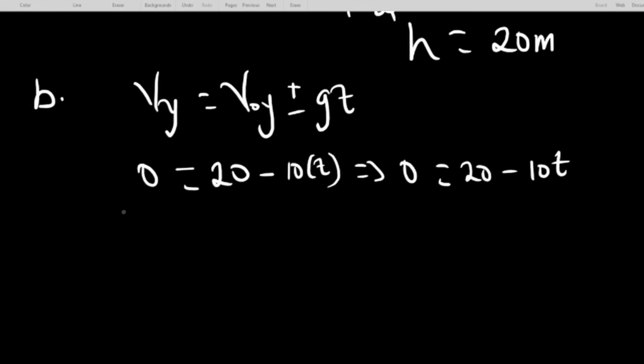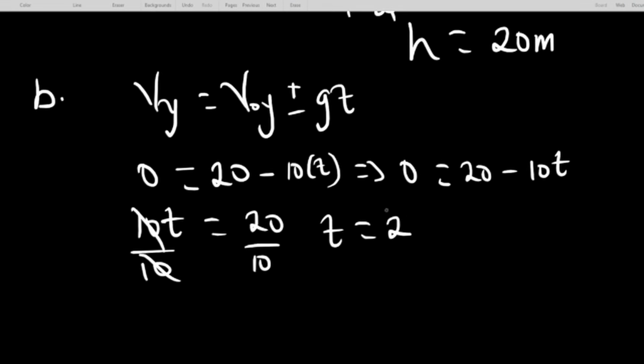Moving the t to the other side, we have 10t is equal to 20. We divide both sides by 10 to solve for t. 20 divided by 10 is 2. So here we now have that the time taken to reach the maximum height is 2 seconds.